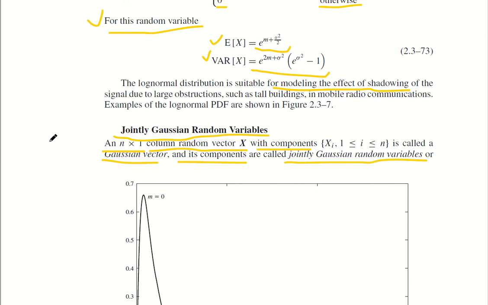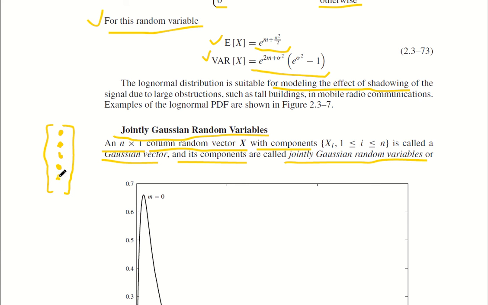Recall that when we talk about a vector, we are imagining a column vector with elements inside, one after one.